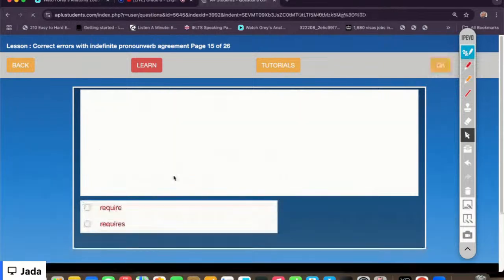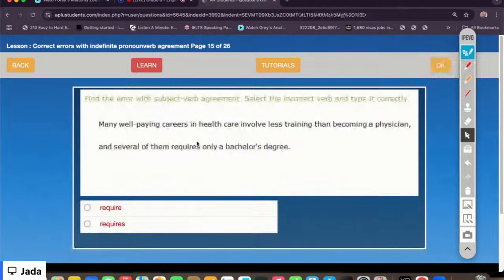Plural verb. Okay. Many well-paying careers in healthcare involve less training than becoming a physician, and several of them require only a bachelor's degree.